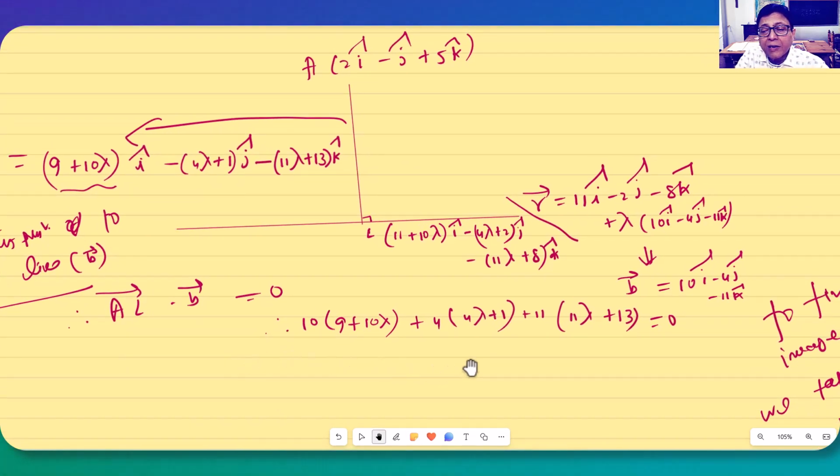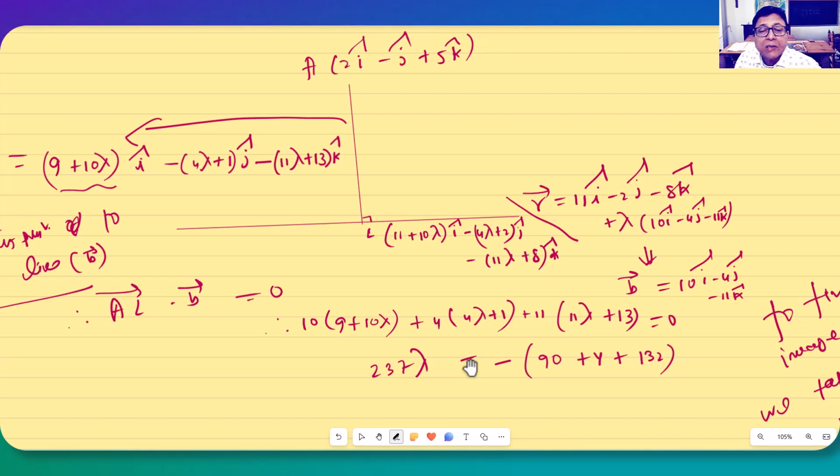That 100 plus 16, 116, and 121, 237 lambda is going to be minus of 90 plus 4 plus 143.